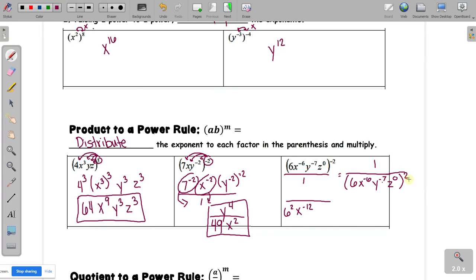Negative 7 times 2 is negative 14. And then z to the 0 is 1, so it cancels out. We have negative exponents, so we need to move them. It's on the bottom, so I'm moving it to the top. So we get x to the 12th, y to the 14th, since we moved them, they became positive, over 6 squared, which is 36.